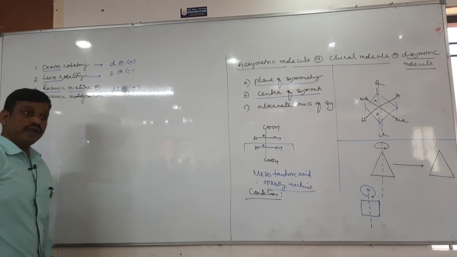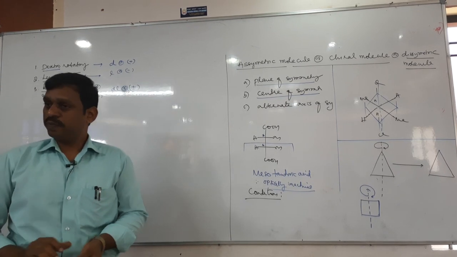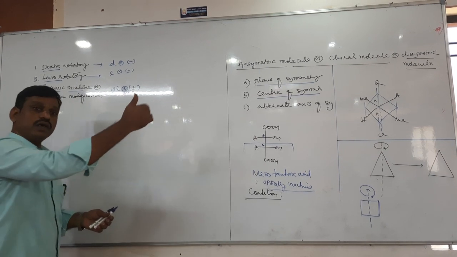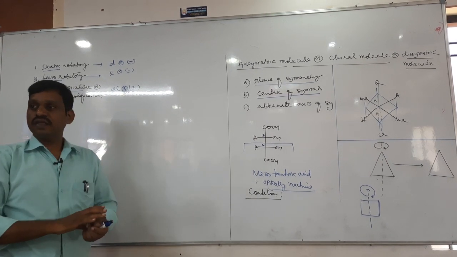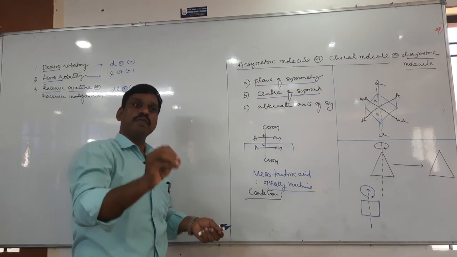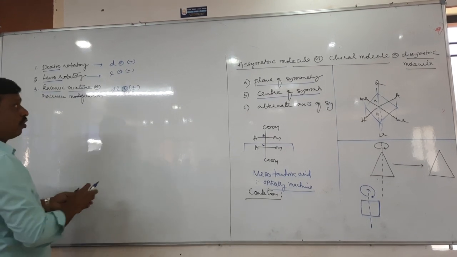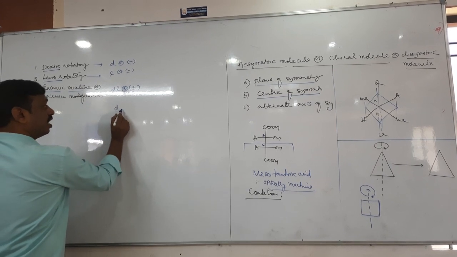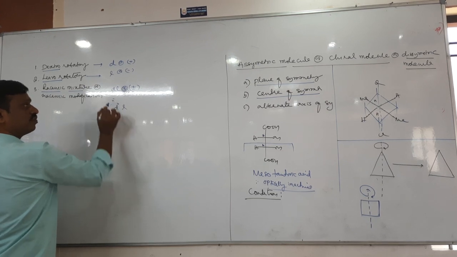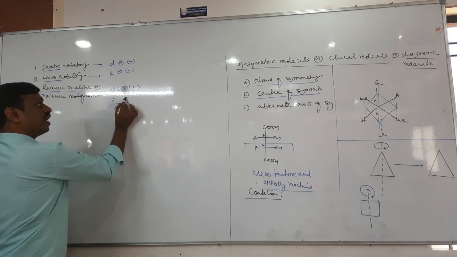A racemic mixture is optically inactive. That means if plane polarized light is passed through the racemic mixture, it neither rotates to the right nor to the left. It does not mean that it cannot rotate PPL. It is optically inactive because it contains D and L. D rotates the PPL to the right by some x degrees, and L rotates the PPL to the left by the same x degrees.